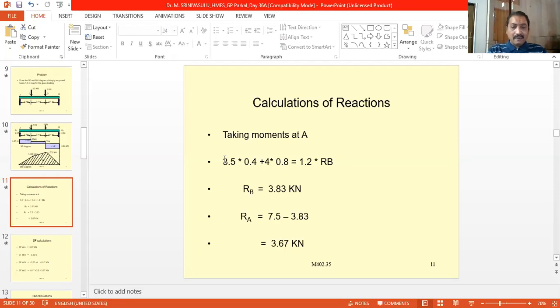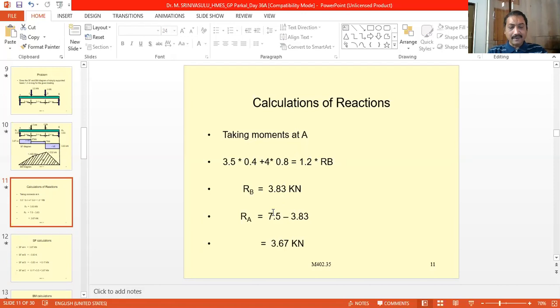Here 1.2 into RB is the anti-clockwise moment, whereas these two are the clockwise moments. So equating the anti-clockwise moment to the clockwise moments, we get RB equal to 3.83 kilonewtons.